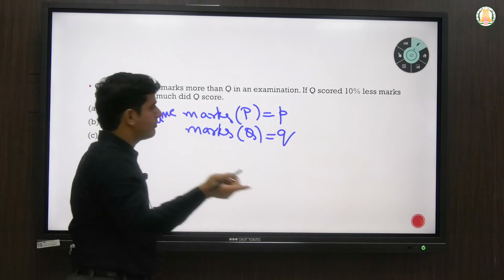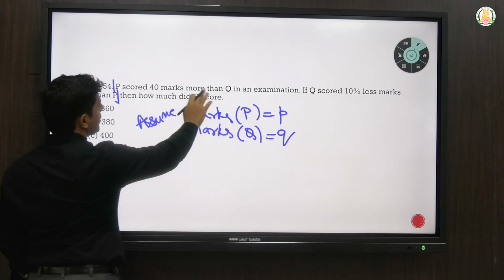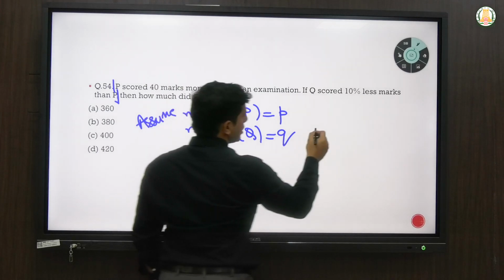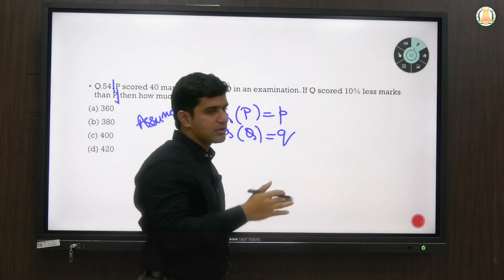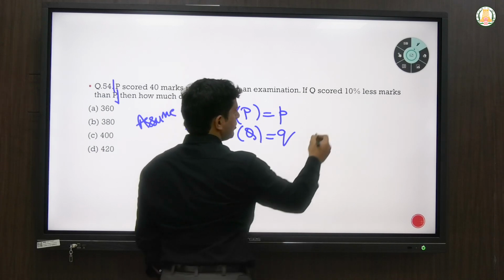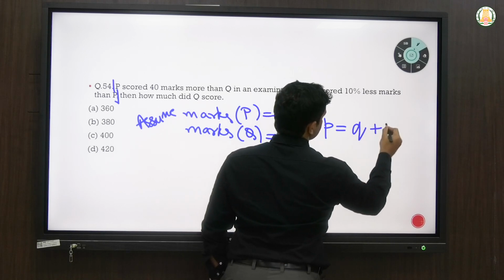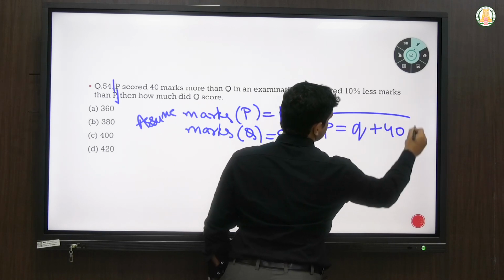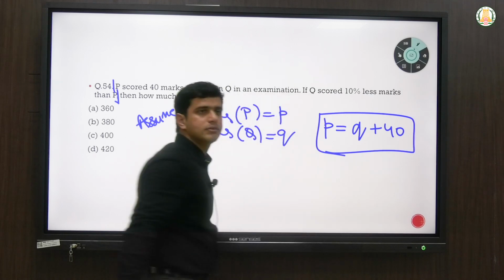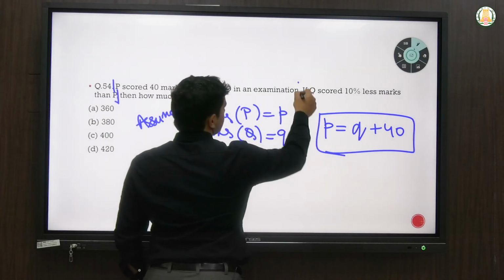Okay, as I said, we don't know, we'll assume, but we know some relation between them. P scored 40 marks more than Q, that means if Q scored 100, P will score 140, if Q scored 60, P will score 100. So P will be Q plus 40. Okay, cool. Any problem? Next statement.